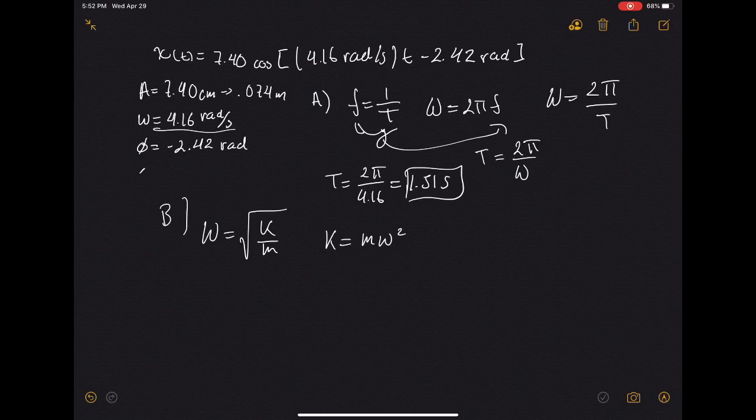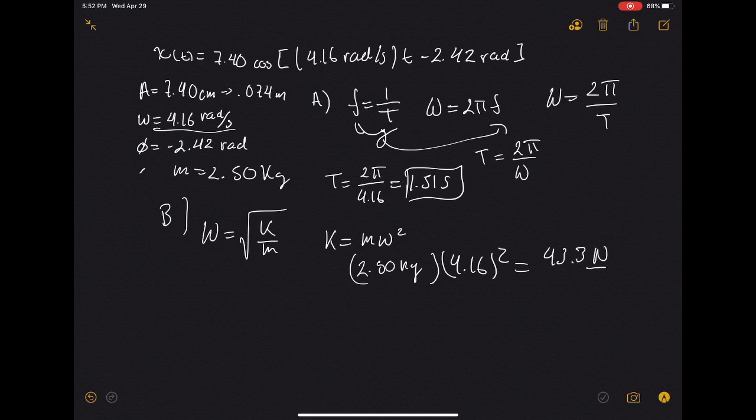Now we just have to plug our numbers in. The problem says the mass is 2.5 kilograms. So 2.5 kilograms times ω, which is 4.16 squared, and that's 43.3 newtons per meter, and that's part B.